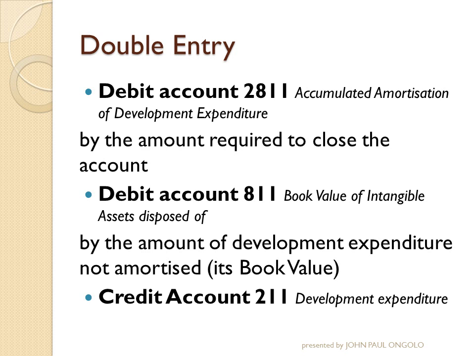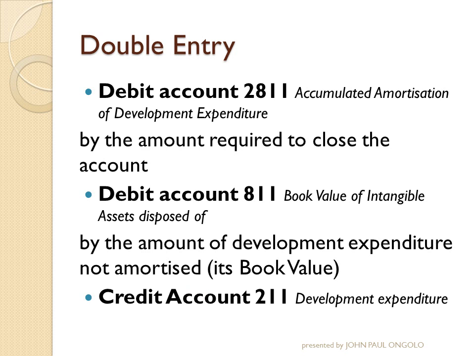We will also debit account 811, book value of intangible assets disposed of, by the amount of development expenditure not yet amortized. In other words, the book value of that intangible asset at the date of disposal. Normally, the addition of account 811 and account 2811 will give the credit in account 211.